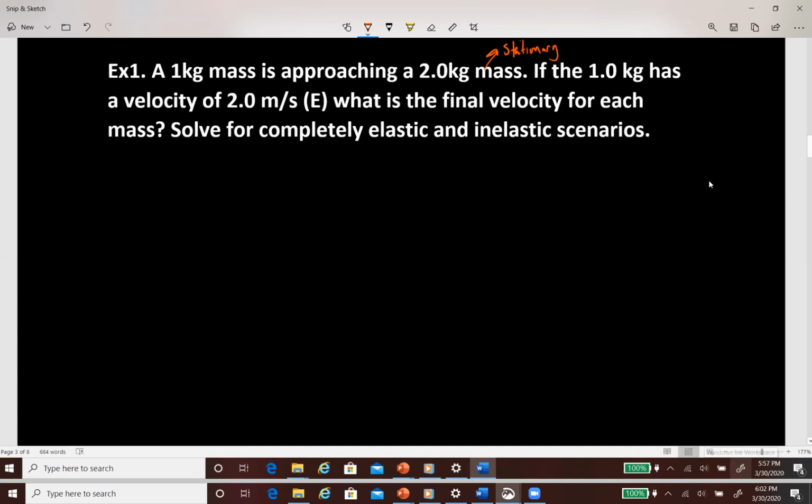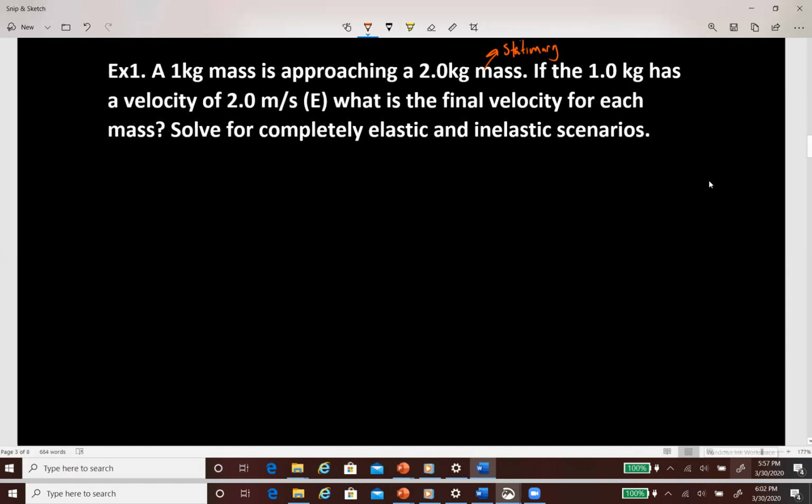This energy is lost in other forms such as heat and sound. Probably the big one is if two cars collide, they crumple. A lot of the energy goes into causing the cars to crumple, and therefore it's not conserved. So if it's completely elastic, we assume no energy is lost, which I guess would be hard to reproduce in nature.